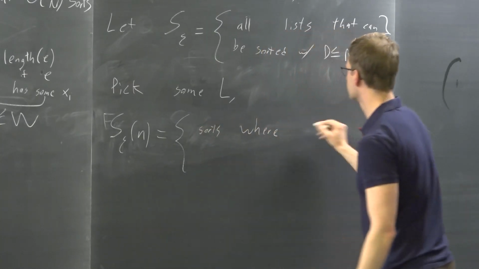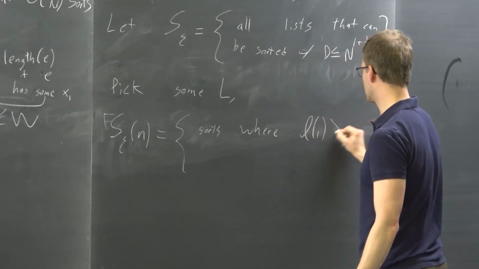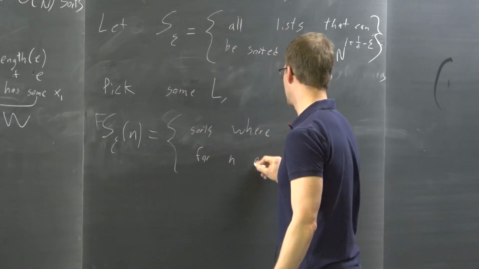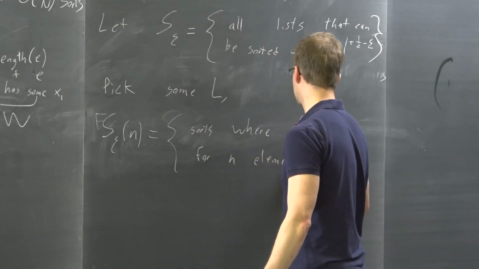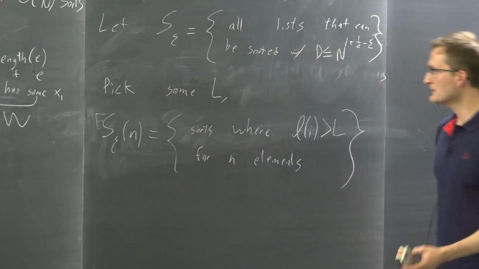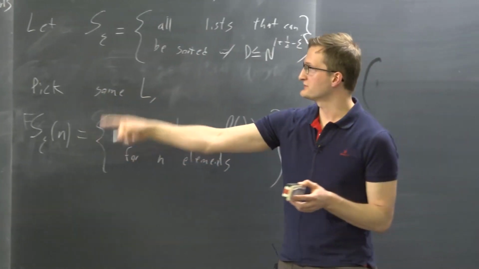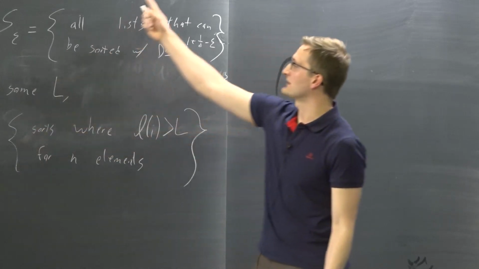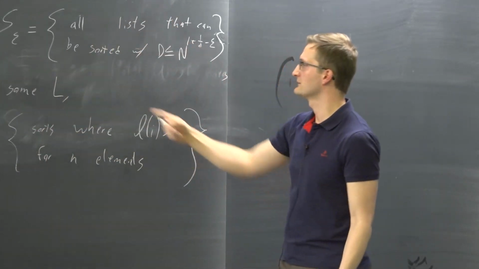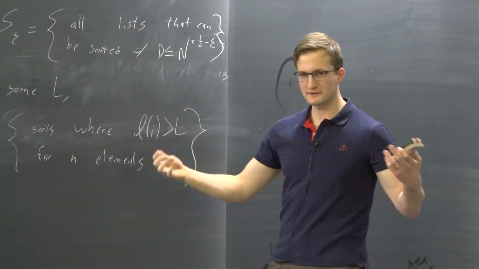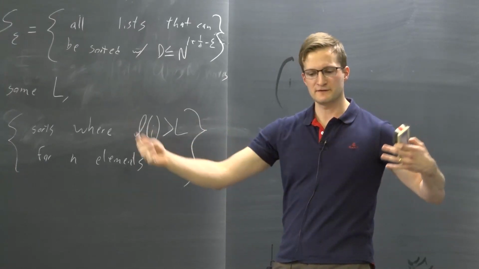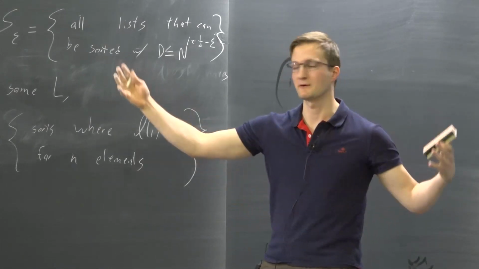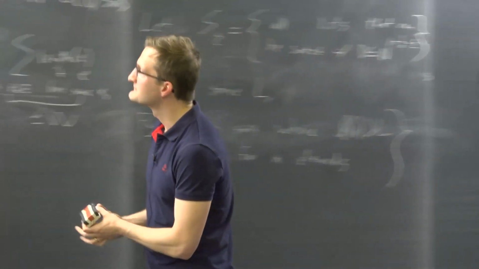So I want to further partition this into all the sorts where I have exactly n elements that have to travel a total distance greater than some L. So I've got my sort, and I want to split the list into elements that aren't going very far and elements that are going quite far. And then I want to count this.